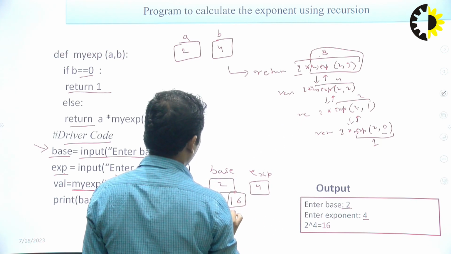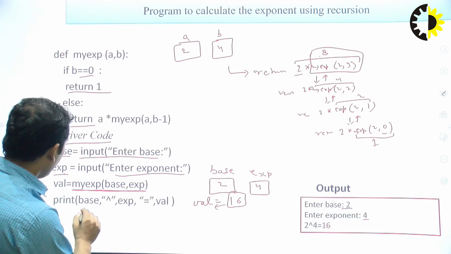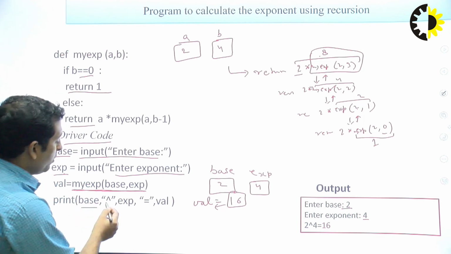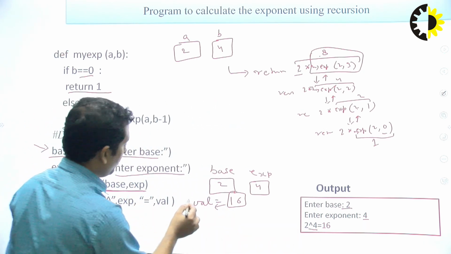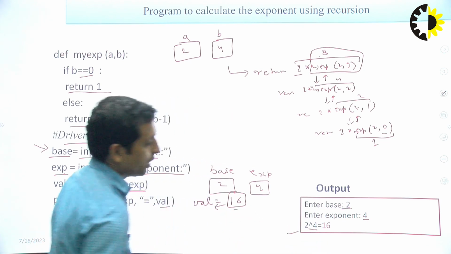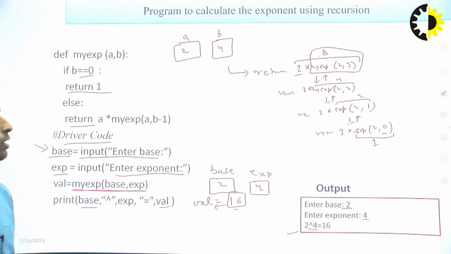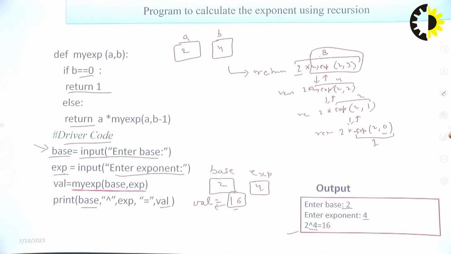So here it prints: base is 2, power exp is 4, equal val is 16. So with the help of recursive calls we get the exponent answer.